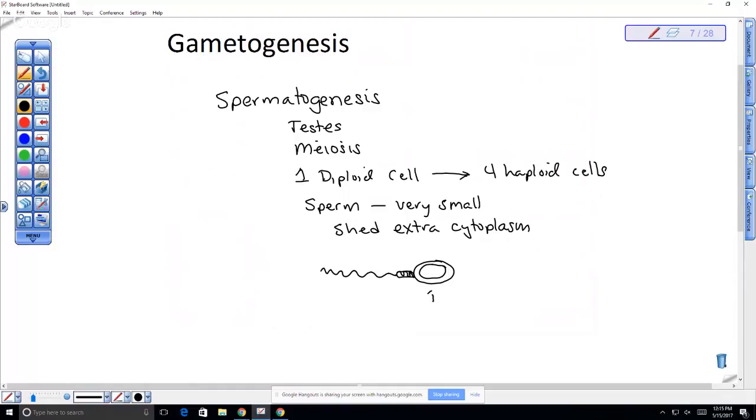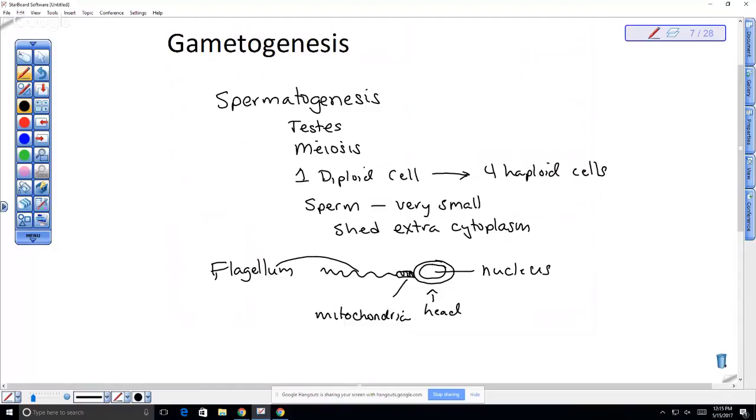So this would be the head. This is my nucleus. This is the mitochondria. And this is the flagellum. So that is protein, part of the cytoskeleton.